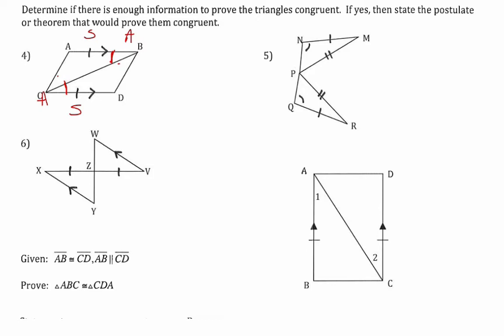But here's where the reflexive property starts to come in handy. CB is overlapped in both triangles, and if you're not seeing both triangles, let me color them in for you. We're looking at triangle ABC at the top, and we're looking at triangle BCD on the bottom. And what we have is a side and an angle and a second side matching a side, an angle, and that side.